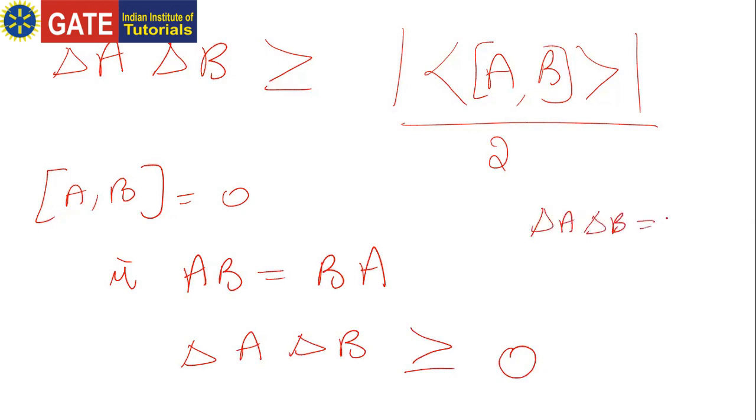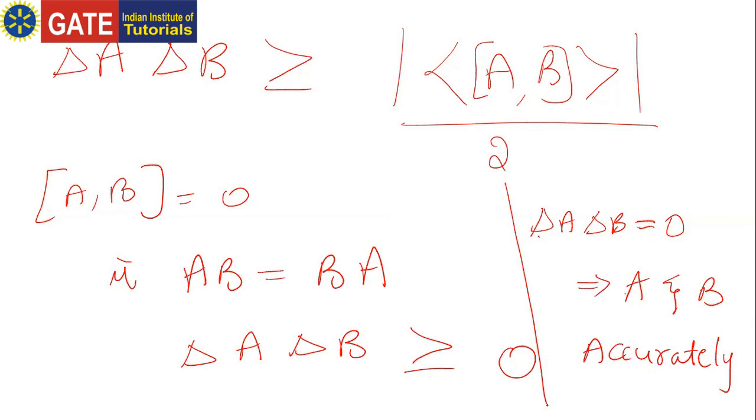Delta A into delta B equal to 0 means no uncertainty. We can measure A and B accurately.